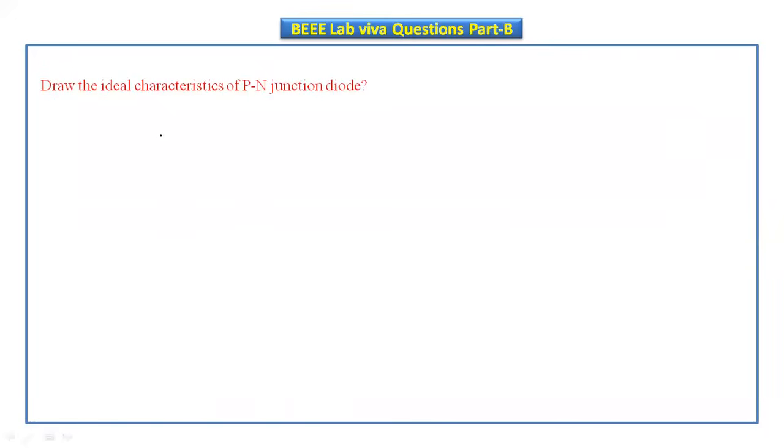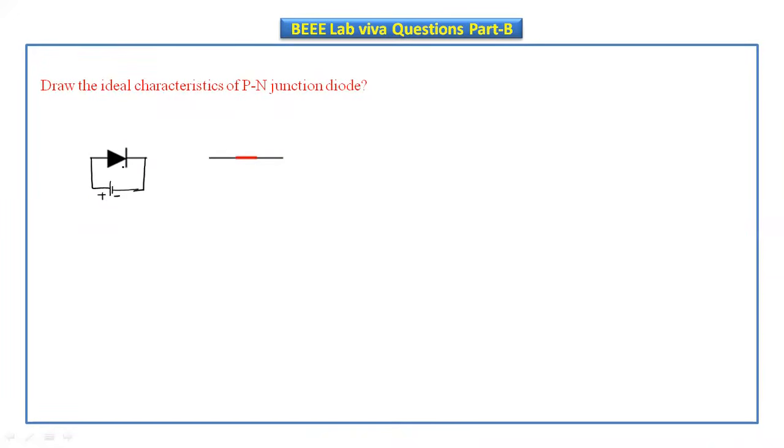Next one is, draw the ideal characteristics of the PN-junction diode. This is the ideal diode when the diode is in forward bias condition. Positive terminal is connected to P, negative terminal is connected to N. Then the diode will be in the forward bias condition.